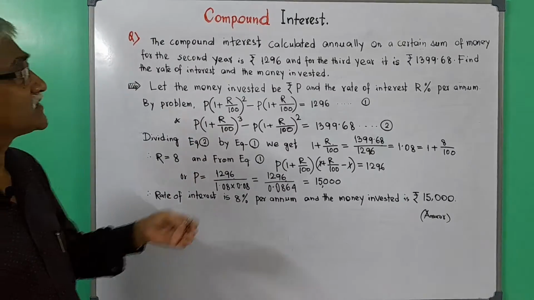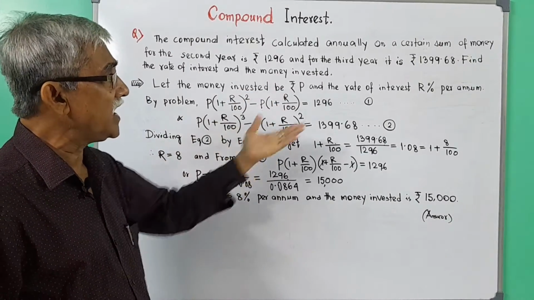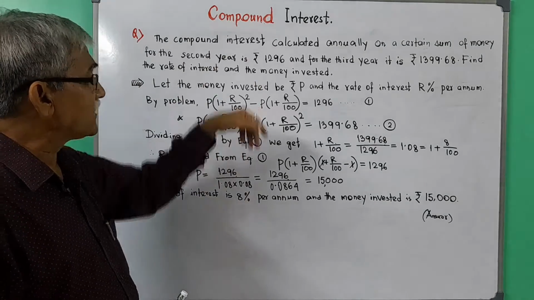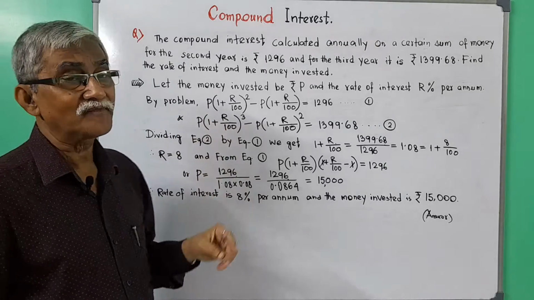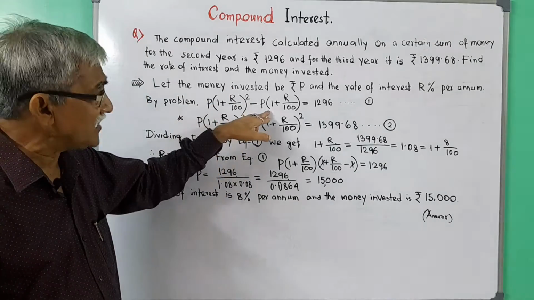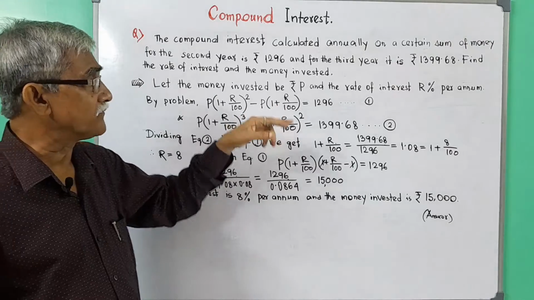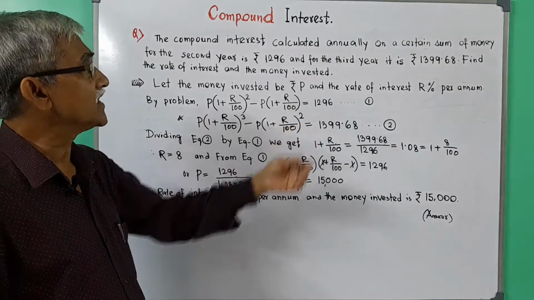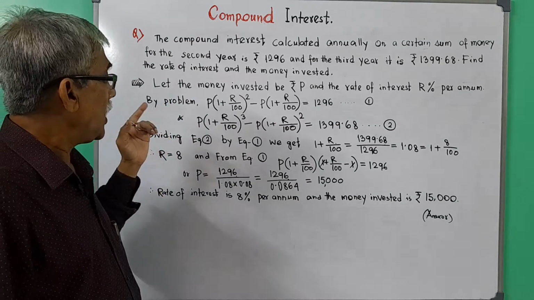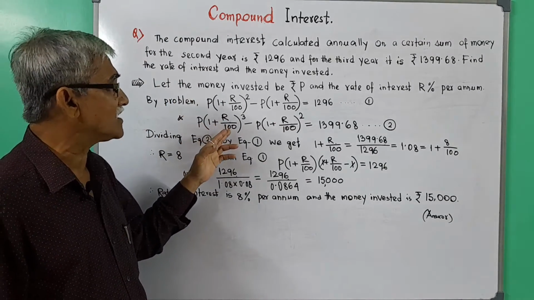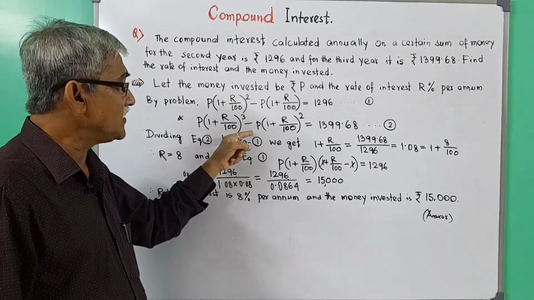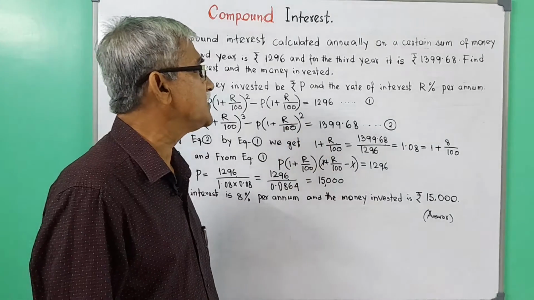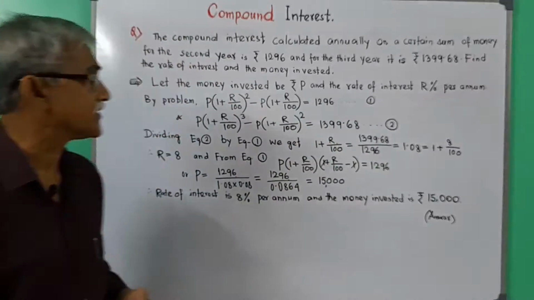Let the money invested be rupees P, we do not know it, and the rate of interest be R% per annum. Now by the problem, P into (1 plus R by 100) square minus the amount in the first year, P into (1 plus R by 100), equals 1296. Let it be equation 1 because it is given. And P into (1 plus R by 100) whole cube minus P into (1 plus R upon 100) square is equal to 1399.68. That will be equation number 2.